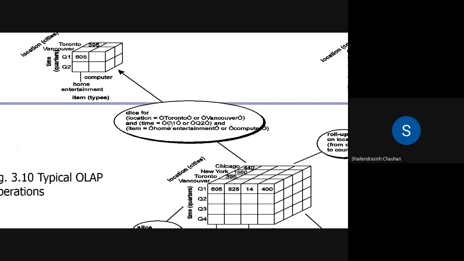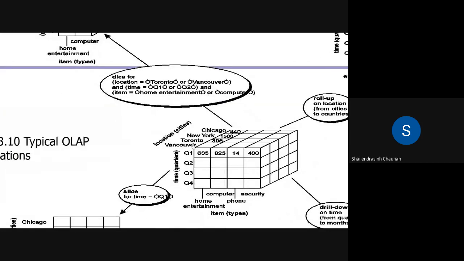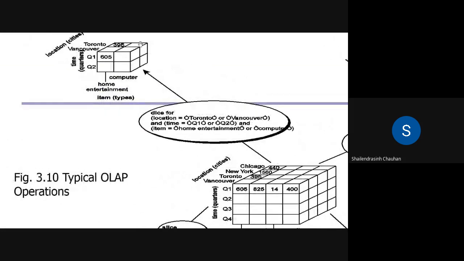And so two values from each dimension you're going to consider, and you are going to have this kind of dice. So where you are having home entertainment, computer, and time Q1 or Q2, and location equal to Toronto or Vancouver. Fine.